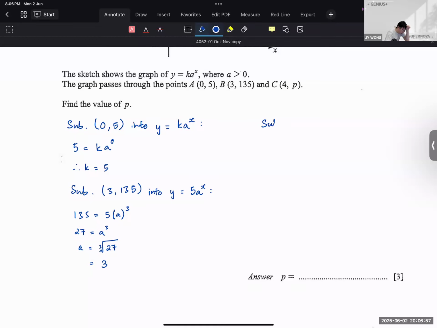And therefore, now that you have found A, your last substitution is to sub in the point for P. Now because you already found the value of A, you have the complete equation, which is y equals 5 times 3 to the power of x.